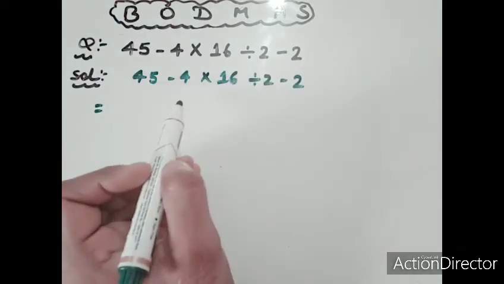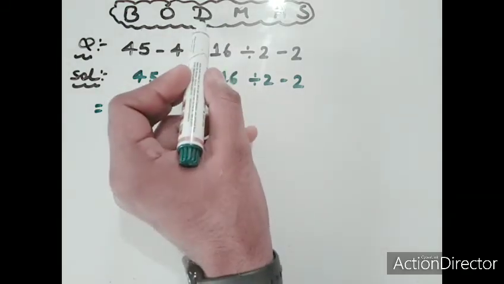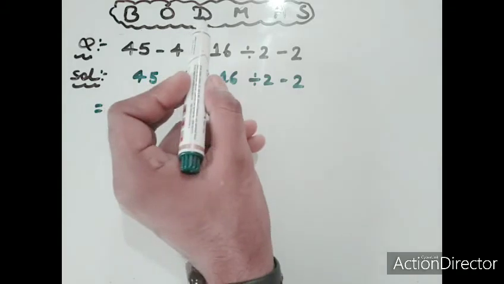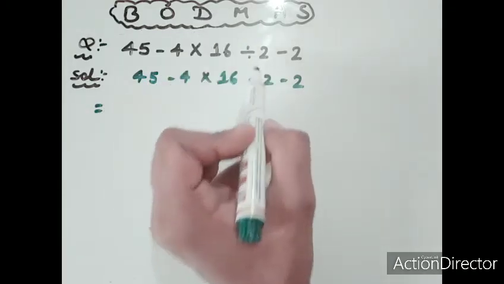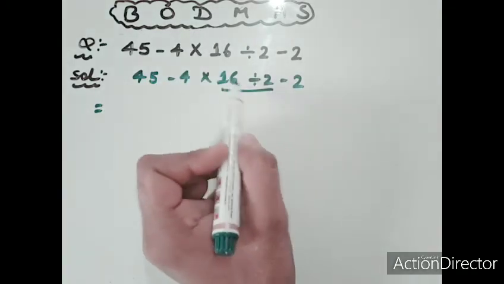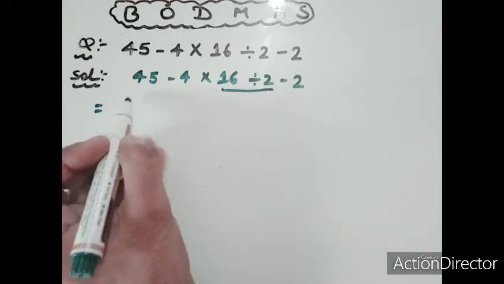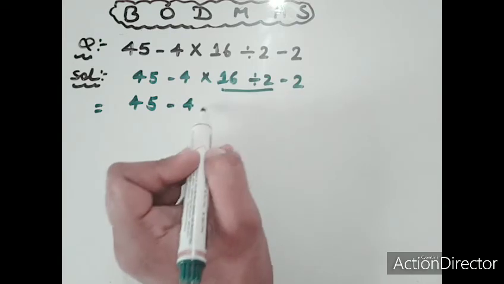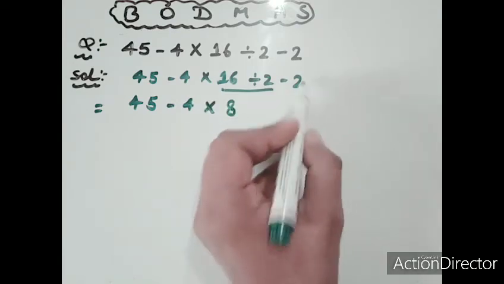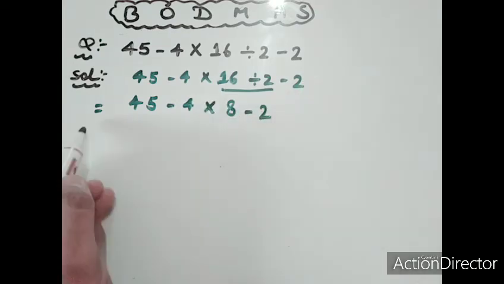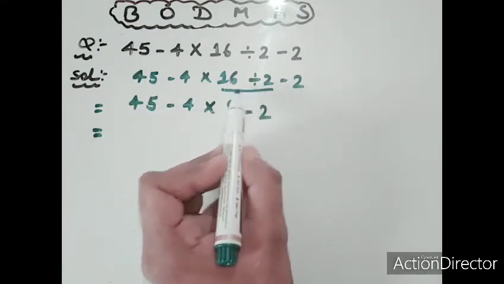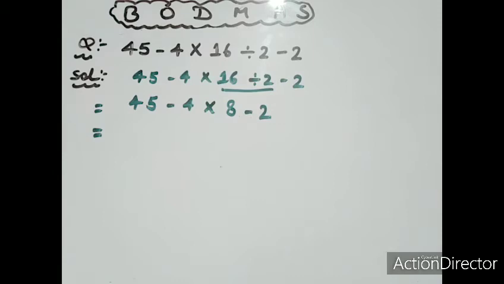Now you all know that first we solve divide, because there is no off and bracket here. So first we solve divide, this part of the question, 16 divided by 2. How many times is 16 divisible by 2? 2 8s are 16. Then we write minus 2 as it is. We write the other numbers as they are, and we solve only this part of the question.